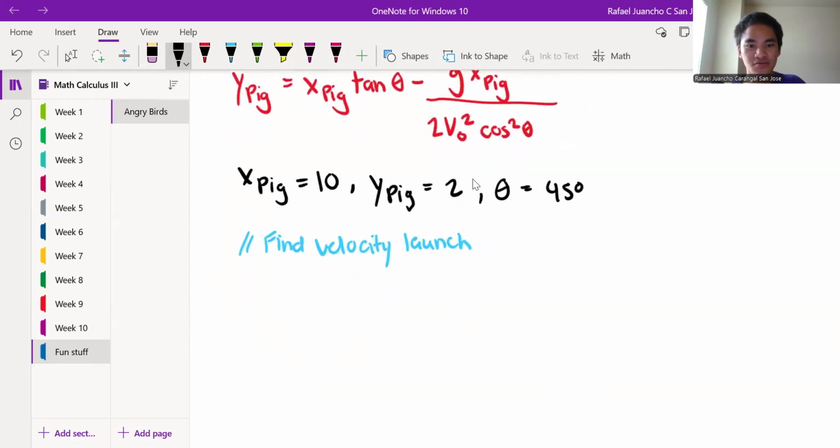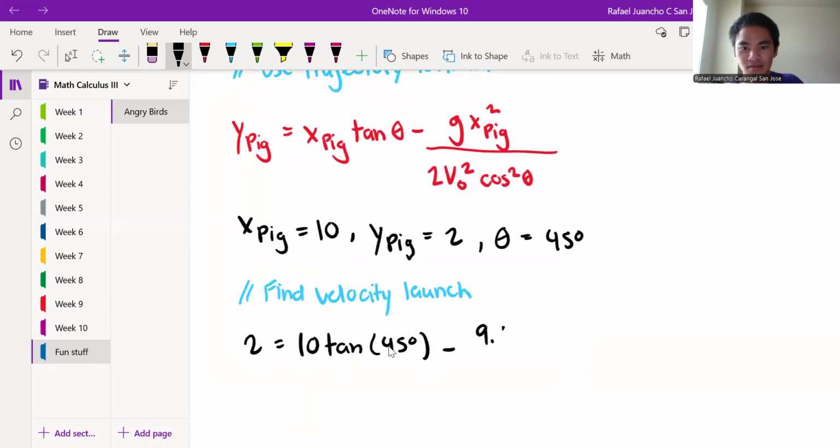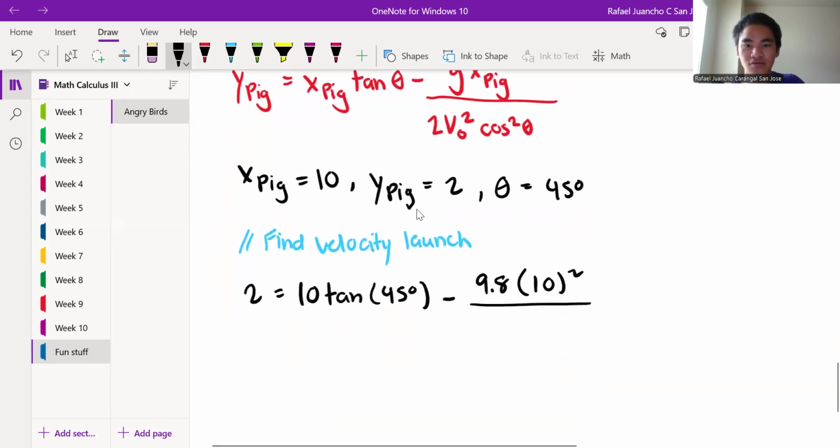So y pig is 2 equals tan theta times x pig, 10, tangent of 45 degrees, minus gravity. This is 9.8, I believe. Don't ask me, ask physics. And then we have x pig squared, so this is 10 squared, and then we say 2.